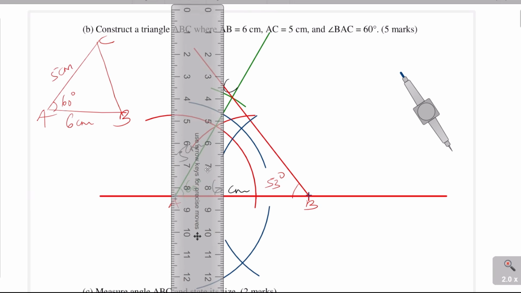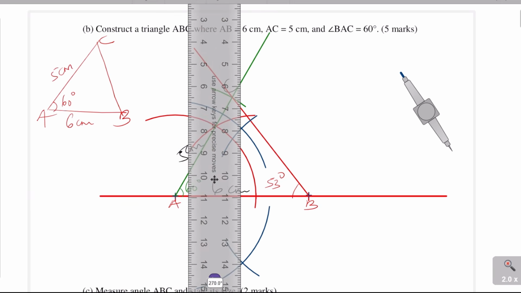Join the point of intersection of those arcs. So we have this point here.